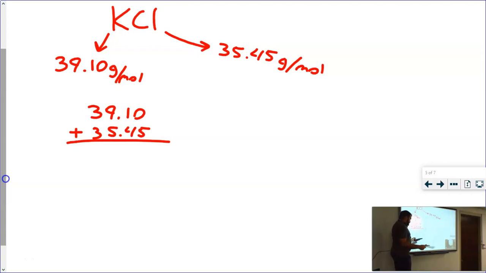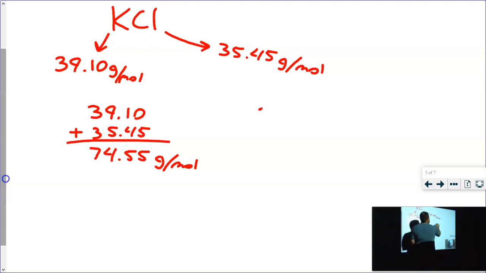All right, I get 74.55 grams per mole. That's the molar mass of my potassium chloride. Now the question is, what percent of that is potassium, what percent of that is chlorine? So we're going to do a percent calculation, right?